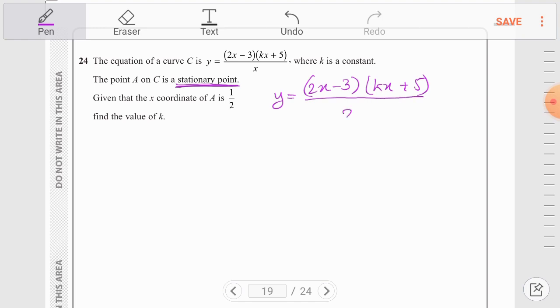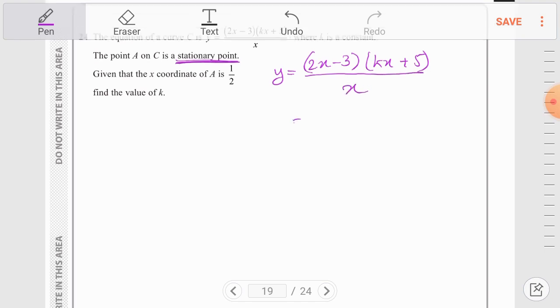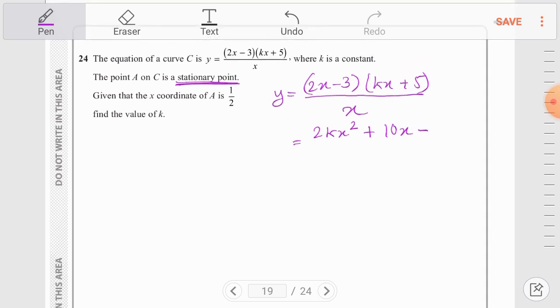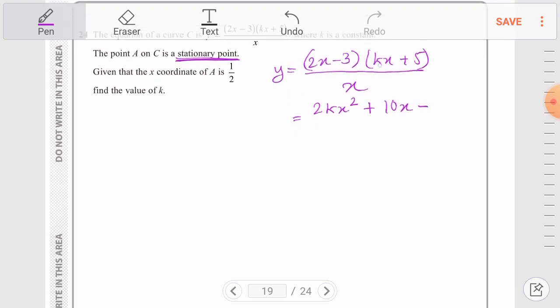I'm going to first simplify this equation, and that would be multiplying the numbers inside the two brackets. So it would be 2kx square plus 10x minus 3kx minus 15, divided by x.